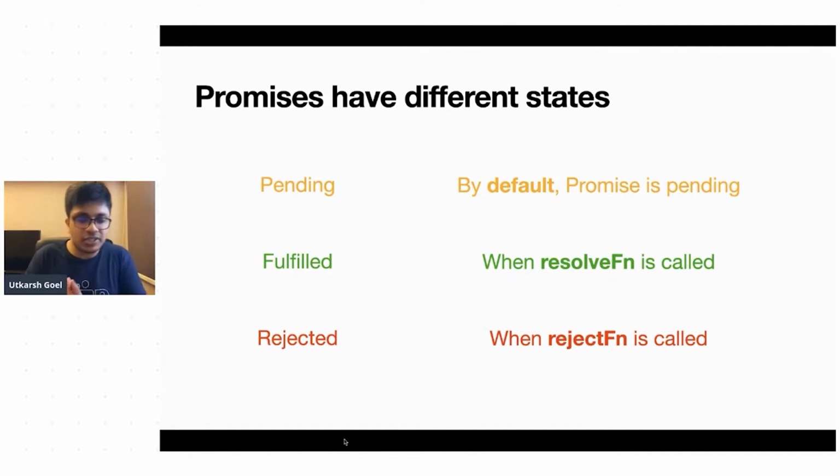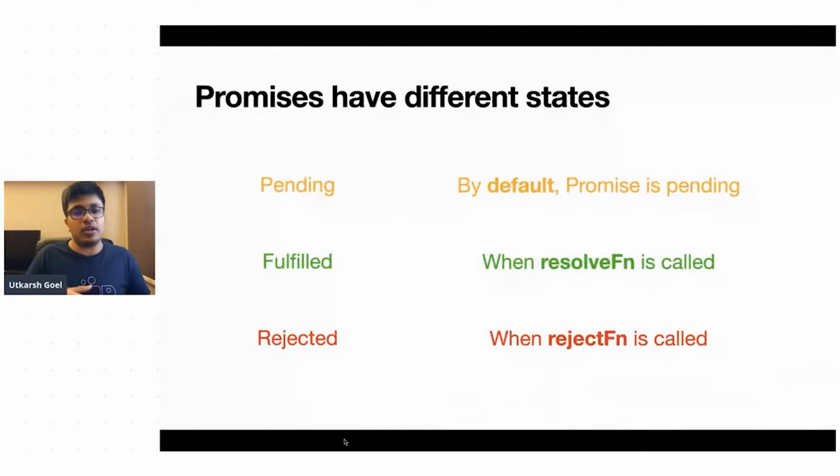But whenever the resolve function is called from within the initializing callback, it enters the fulfilled state. And whenever the reject function is called inside the promise, it enters the rejected state. These functions can only be called once, and only one of them can be called within the initializing callback. So now we know that promises have states.